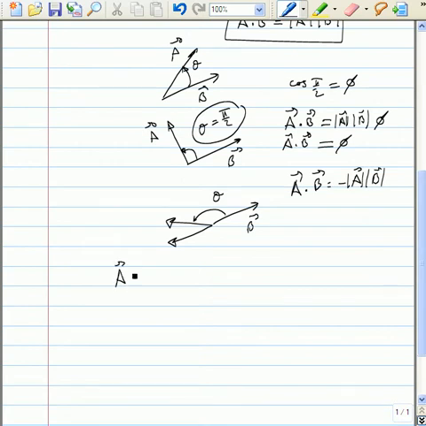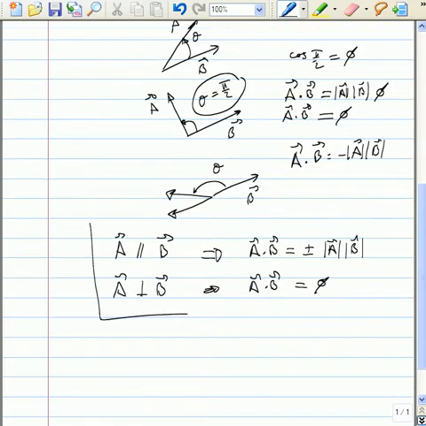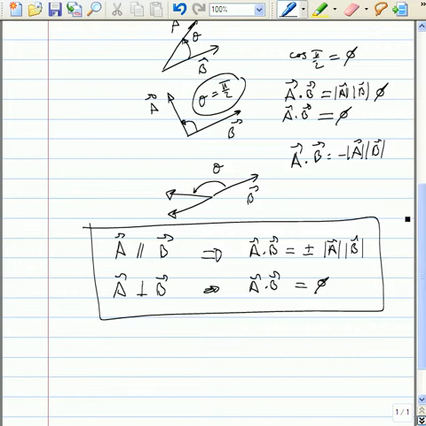So if A is parallel to B, A dot B is plus or minus AB. And when those two vectors are perpendicular to each other, A dot B is equal to 0. Keep those in mind because those two cases will come back with the cross product, but the result will be opposite.